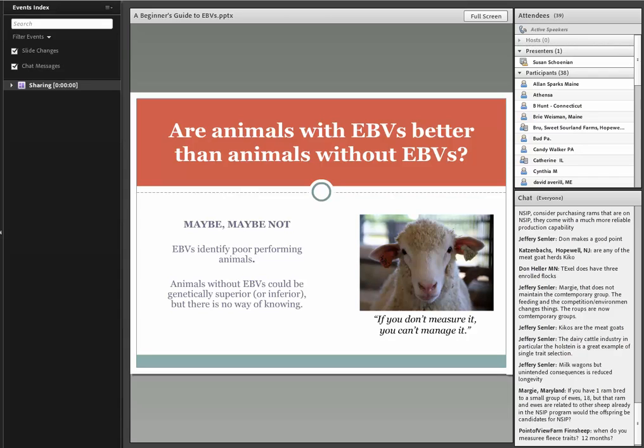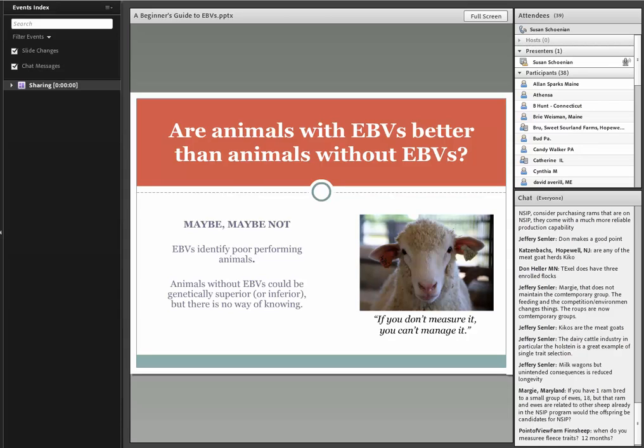If you're not doing EBVs, you could have good sheep or good goats, but they could be good because simply you're a good manager. I raise Katahdin sheep, and I don't have a parasite problem. But when people buy from me, I tell them, don't you for a minute assume that my Katahdins are any better or worse than anyone else's in terms of parasites.